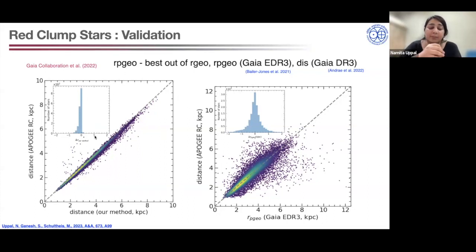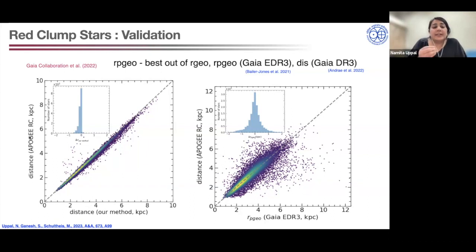And there was a spectroscopic catalog from APOGEE where we can accurately select the red clump stars. APOGEE is an infrared spectroscopic survey. They have provided us a catalog of pure red clump stars with 95% purity, and the distances are also within 5% error.